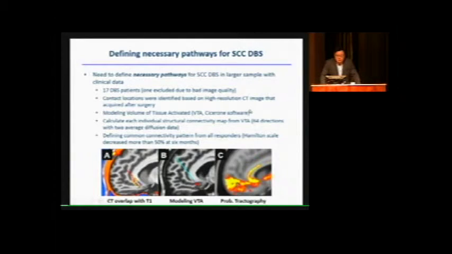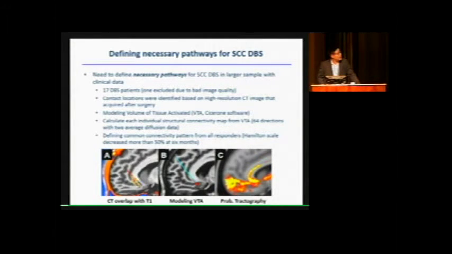We used 17 DBS patients, and we excluded 1 patient because of image quality. After surgery, we take a CT image and identify where the contact location is. Then we do the volume of tissue activated modeling using the Cicilline software created by Dr. Cameron McIntyre at Case Western.